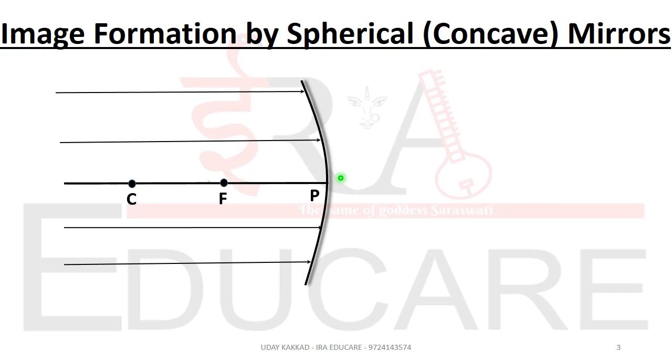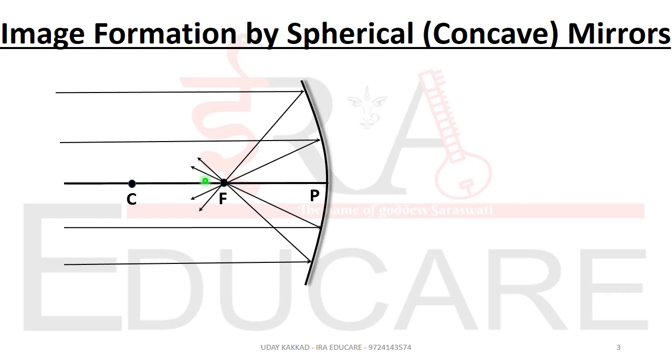You can take the example of the sun, which is at almost infinite distance from the earth. So when rays come from the sun, they are almost parallel to each other, right? So this is the ray which is parallel to the principal axis, and it is always reflected through the focus point. So here your image will be formed.